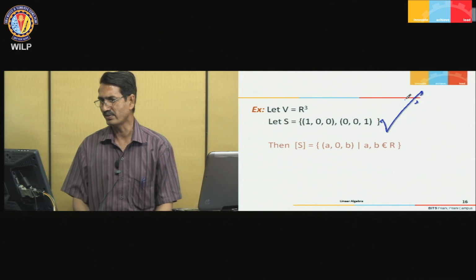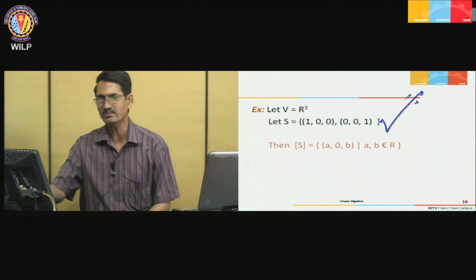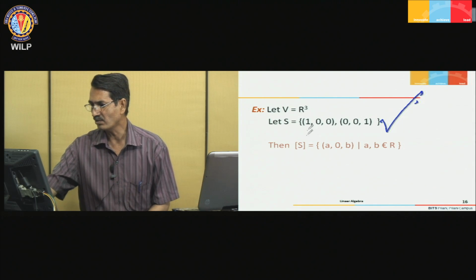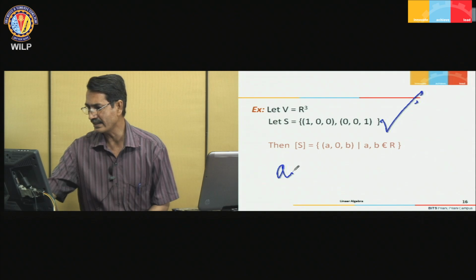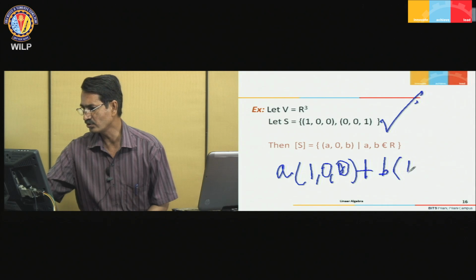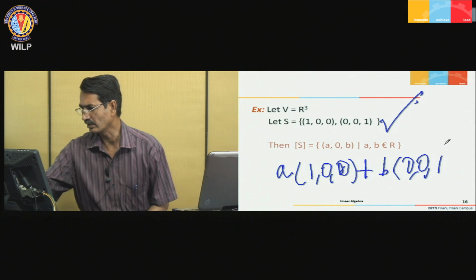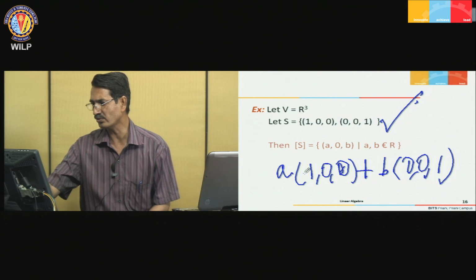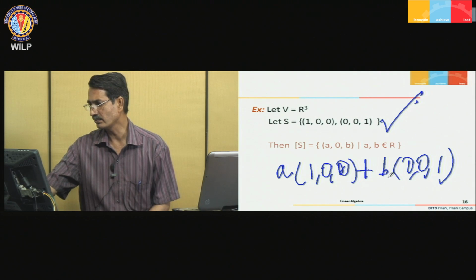But what is the span of S? Span of S means the set of all possible linear combinations. That means a times (1, 0, 0), the first element, plus b times (0, 0, 1). So this is (a, 0, 0) plus (0, 0, b).